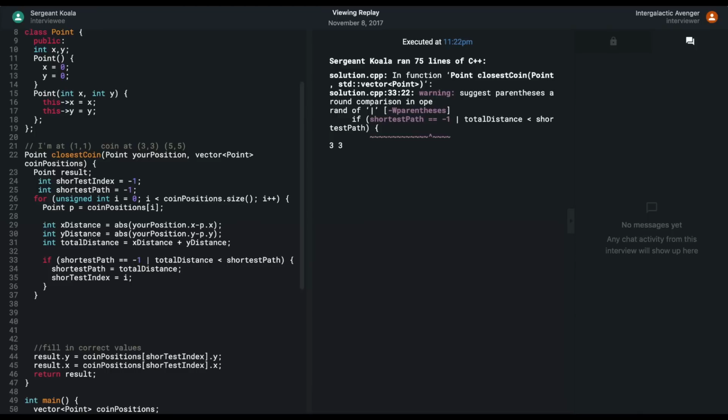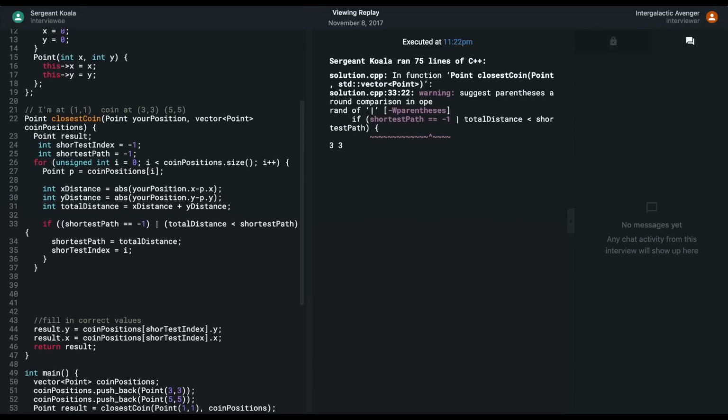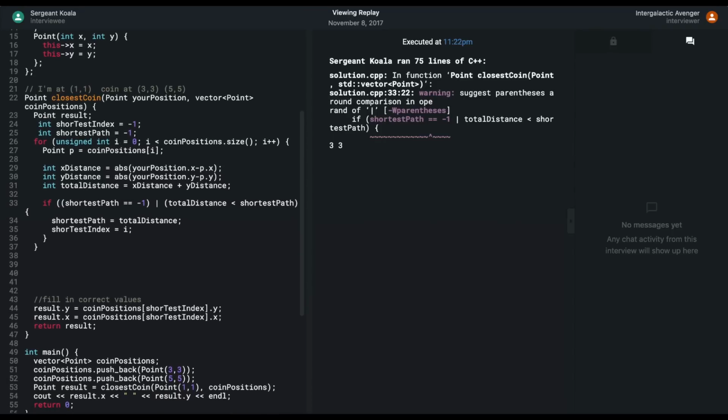That's not a big deal. Okay. Yeah. All right, 3, 3. There we go. Okay. Now, and one other little thing. I think it totally works in this case, but the single vertical bar here is actually a bitwise OR.